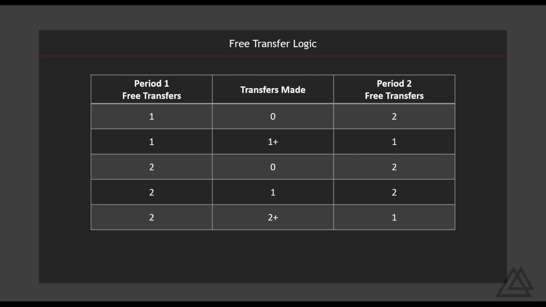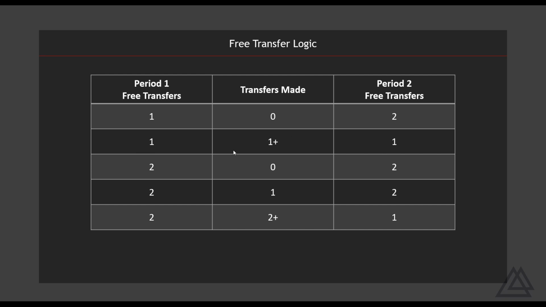In here, you see on the left, I have period 1 free transfers, and then I have transfers made, and then I have the resulting free transfers for the next round. So if you are starting with only 1, and then if you are not using your free transfer, then you will get 2 the second round.